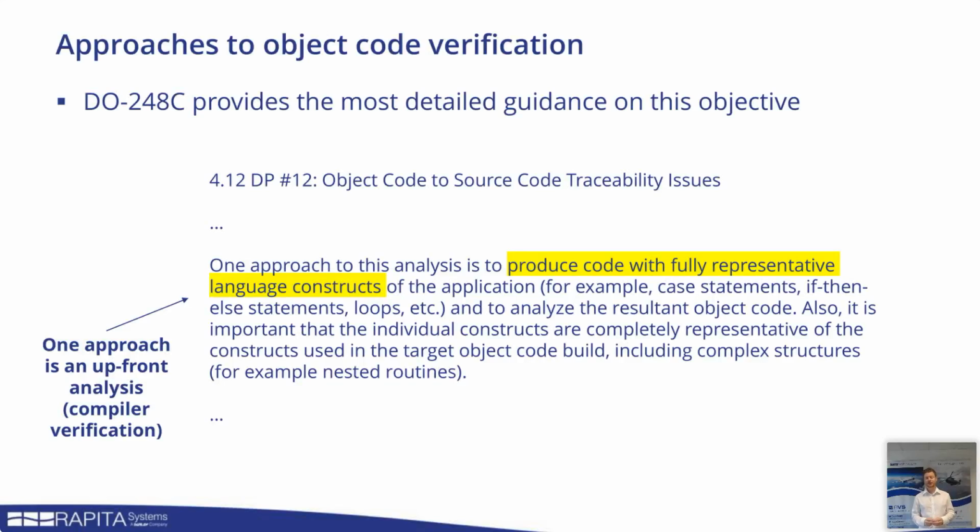It sounds simple, but you have to take into account there may be combinations of source code constructs that generate untraceable code. There may be specific mathematical formulas, as we saw in the previous example, that generate untraceable code. So it's not a trivial activity.